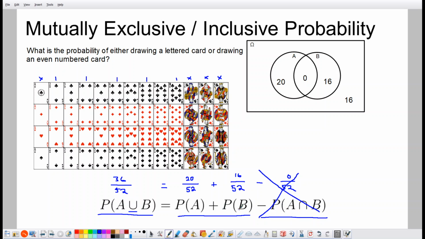But in general, I want you to be thinking multiply is and, adding and subtracting is or. That's going to let you deal with some more complex situations than what we've been covering here. But as long as you remember that and you remember these formulas, you should be set to go.